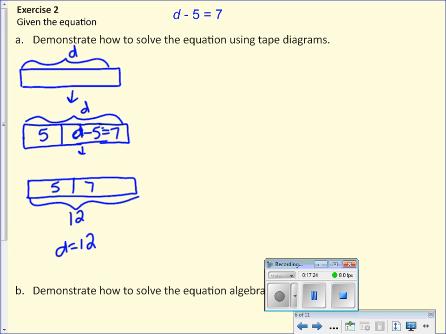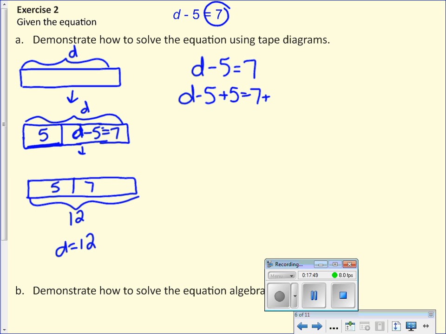I knew this was 7 because it tells me right here. D, take away this 5, gives me 7. So now let's check algebraically using inverse operation. So if that's D minus 5, what do I have to do to get the identity back? Add 5.